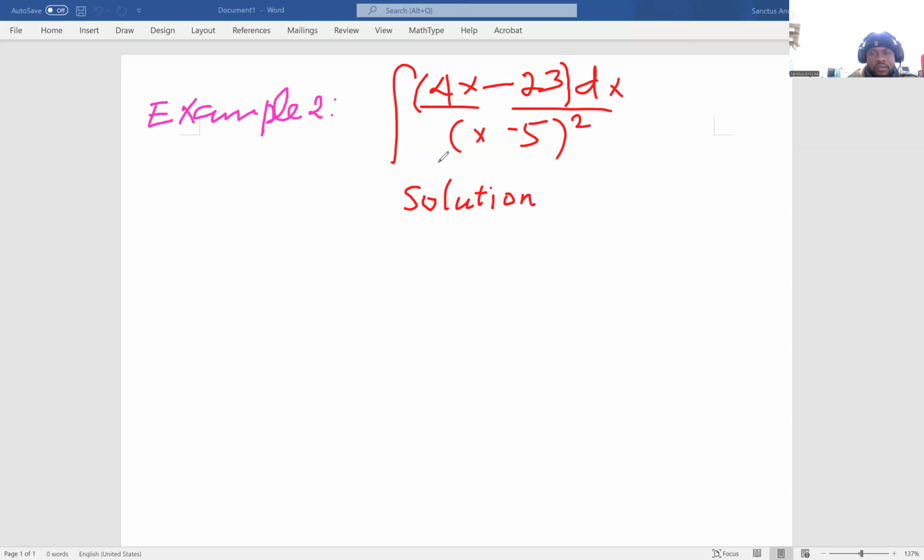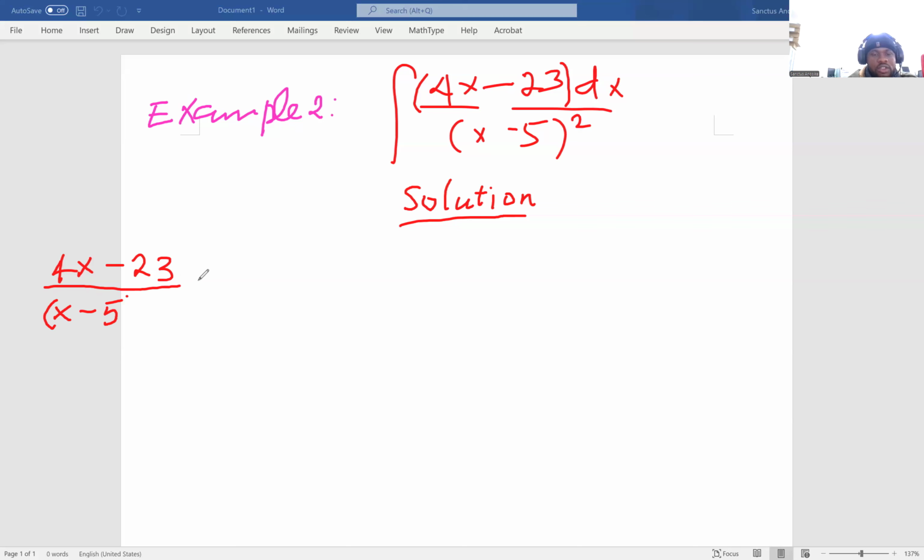So here we're going to pull out the function 4x minus 23 over x minus 5 to the power 2.